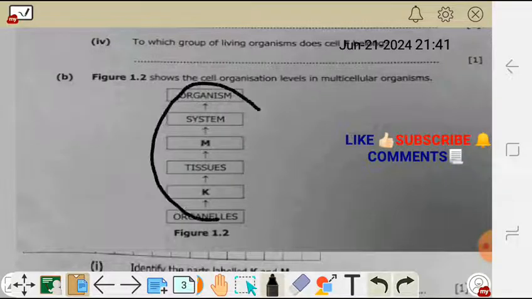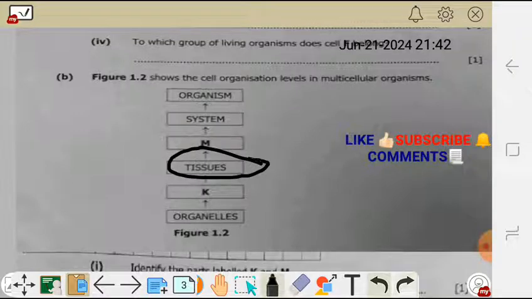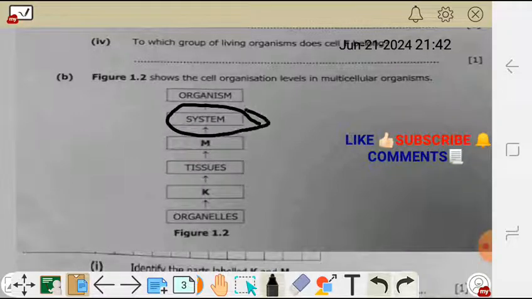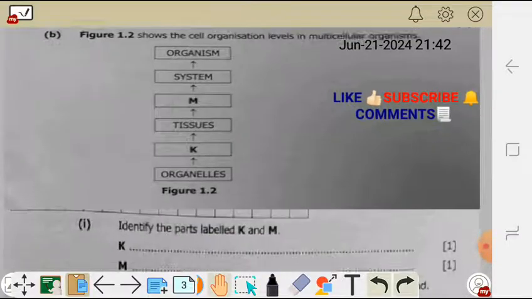So this is the figure here. They are saying it is showing cell organization levels starting from the organelles, which are the smallest, coming to K here, which we don't know, and then followed by tissues, followed by M, then M will form system, and system will form organisms. Okay, so now let's move to the questions.